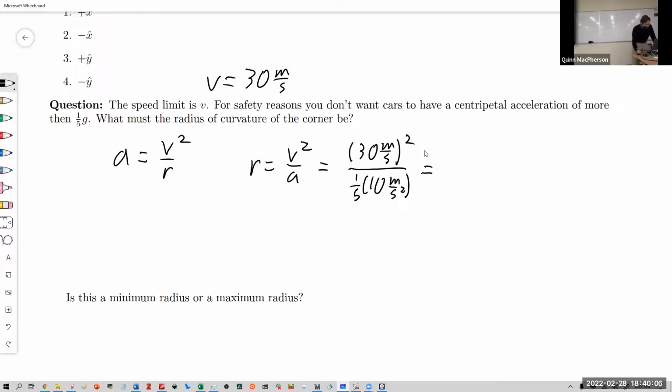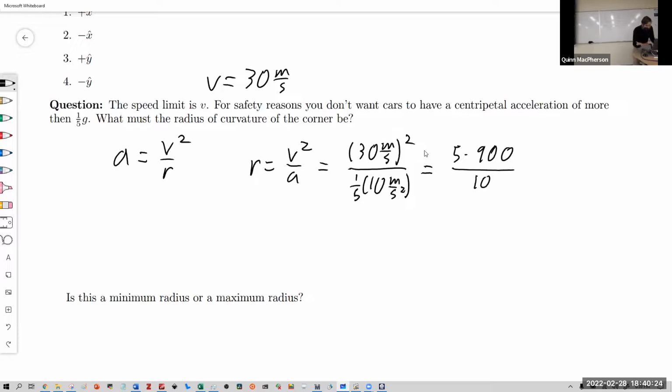So I get 30 squared times 5 divided by 10. 30 squared is 9 with 2 zeros. So it'd be 5 times 900 over 10.